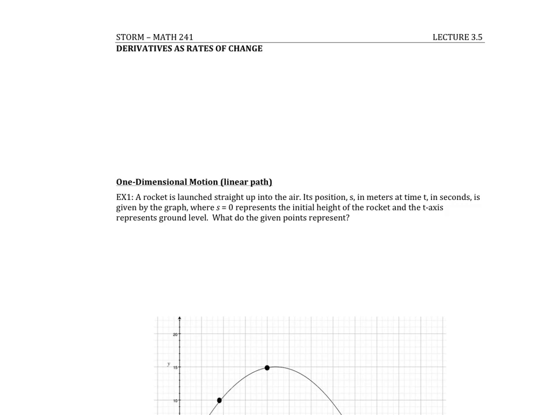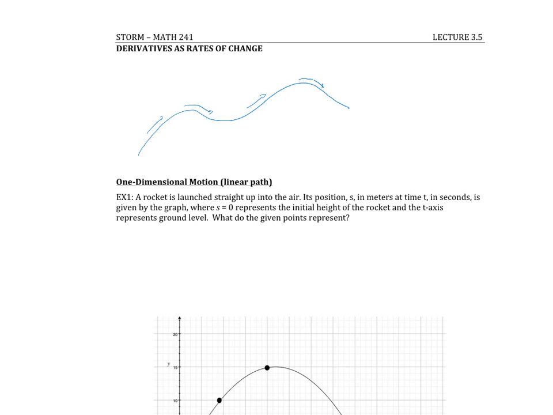In section 3.5, we're going to look at the derivative and further discuss what it means to be a rate of change. First of all, I would like to make a distinction between distance and displacement. Let's say I have some object moving along this curved path and then it stops. This path would be the distance that the object has traveled.